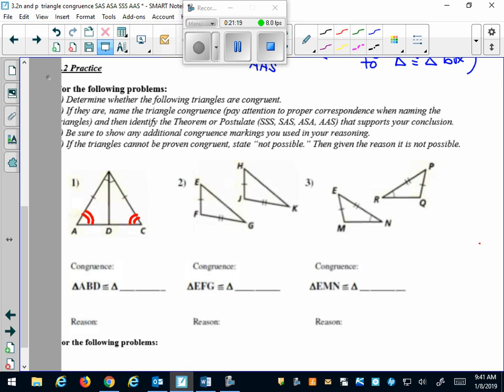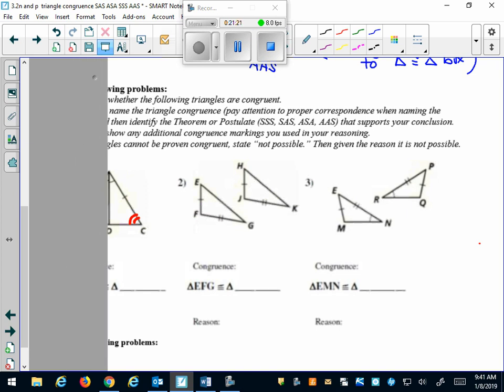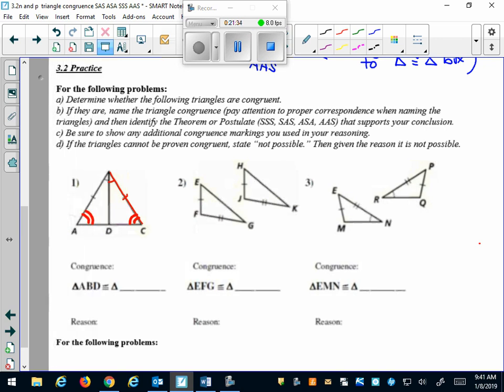Again, let's cover up one at a time. We've got this angle, and this side. Which of the, yep, Skylar. Yep, ASA, because it's the 2 angles and the side between them. So that's going to be our reason. ASA is down here.